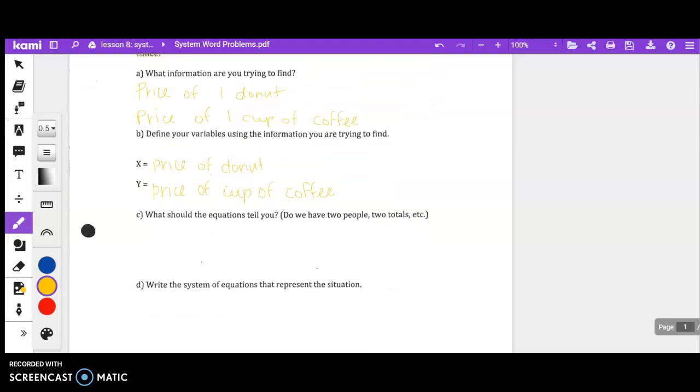So we have 2 people, Amina and Shira. And what it should tell us is Amina's purchase should be one of our equations representing the donuts and coffee she bought, whereas our second equation should represent Shira's purchase.